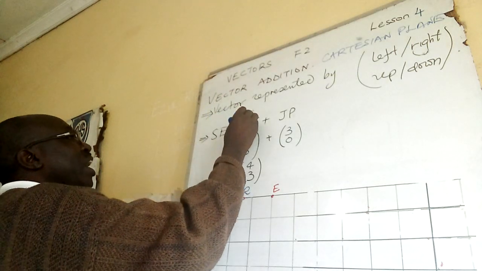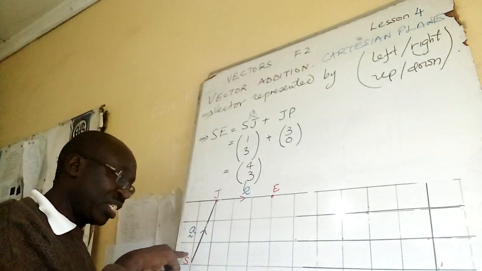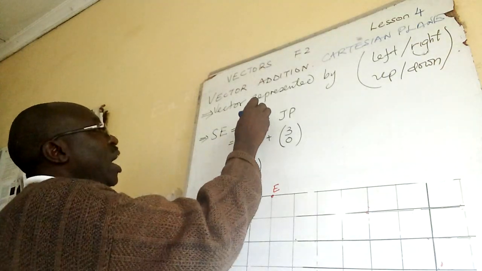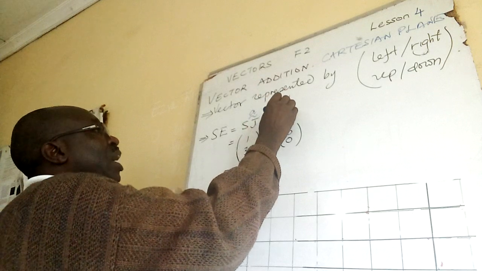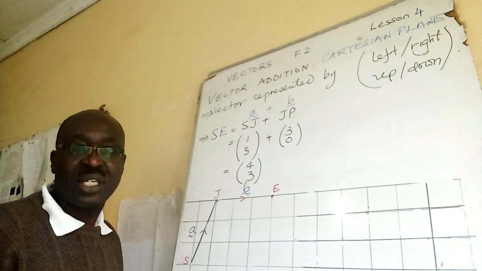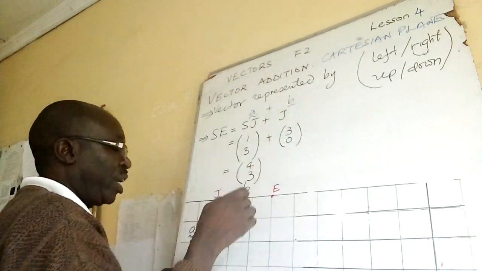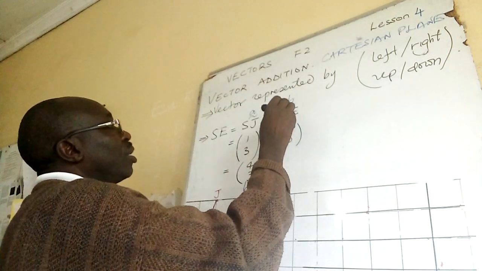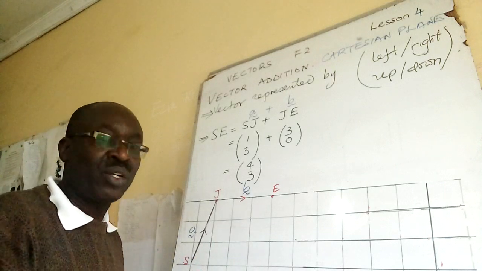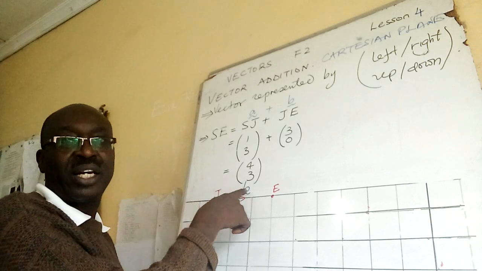I have vector A that can be read as SJ, and then I connected it to vector B that can be read as JE. Those are the two vectors I have here. This is A and this is B.